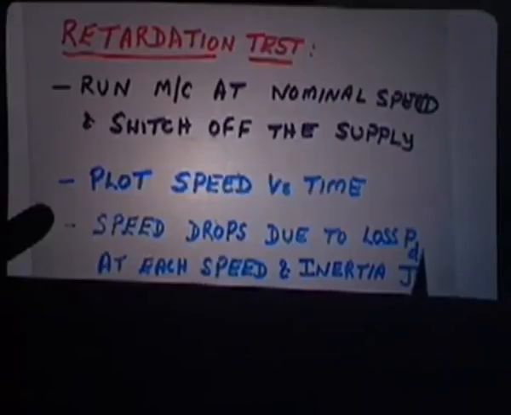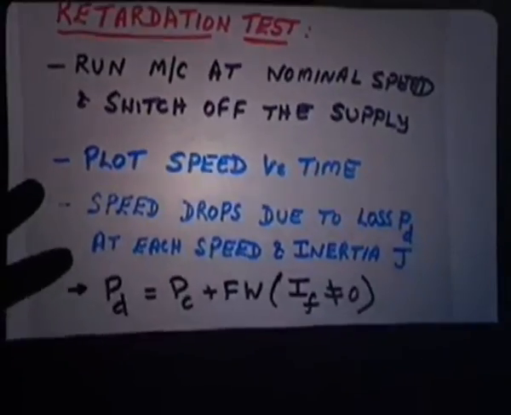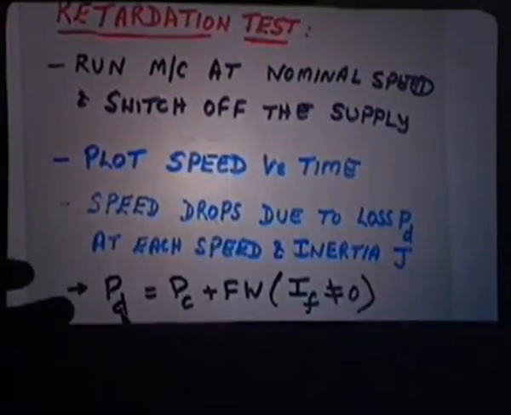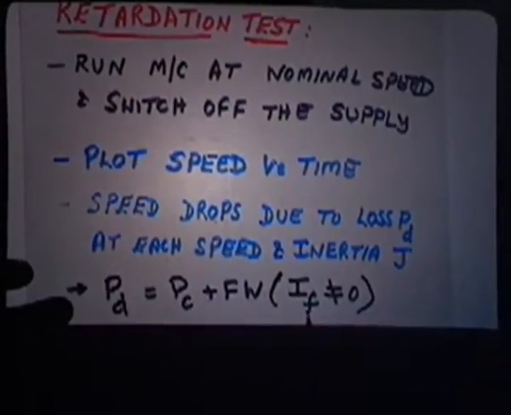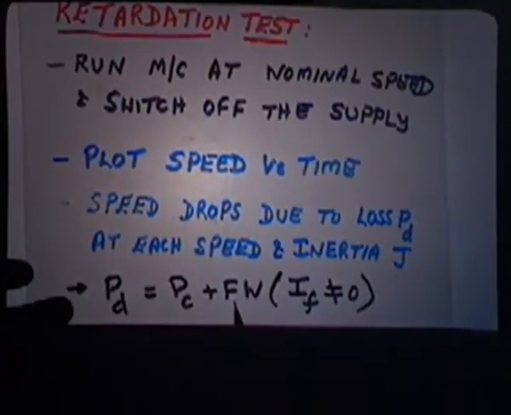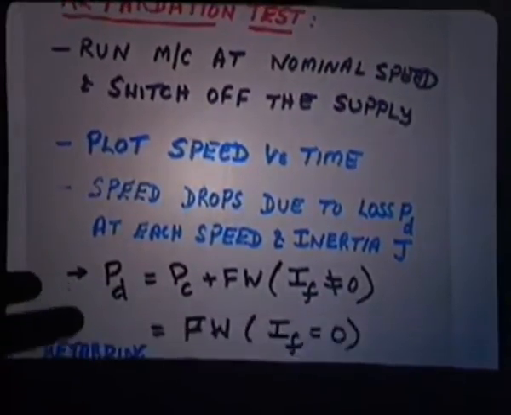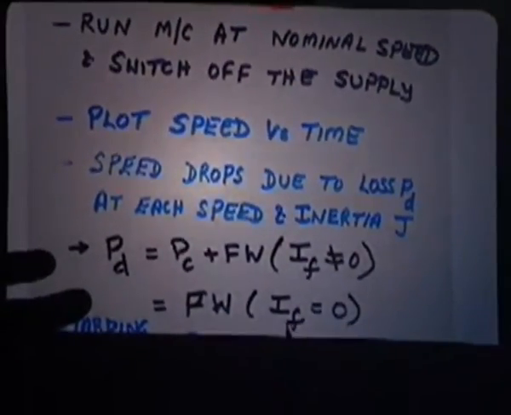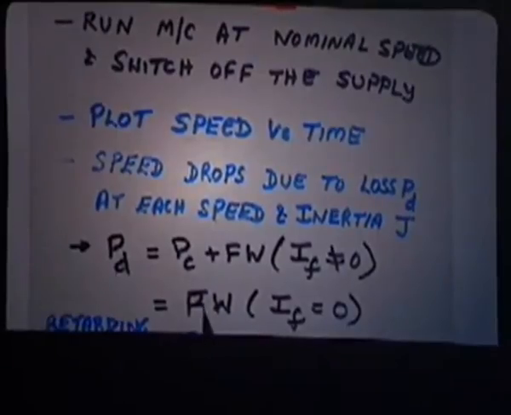Now what is this loss PD? This loss will be the core loss plus friction windage if it is carrying a field current. That means if the field is still energized when you are switching off, then the loss will still be there in the field, therefore that decides. Or if your field is not excited, then the PD will be just friction windage.